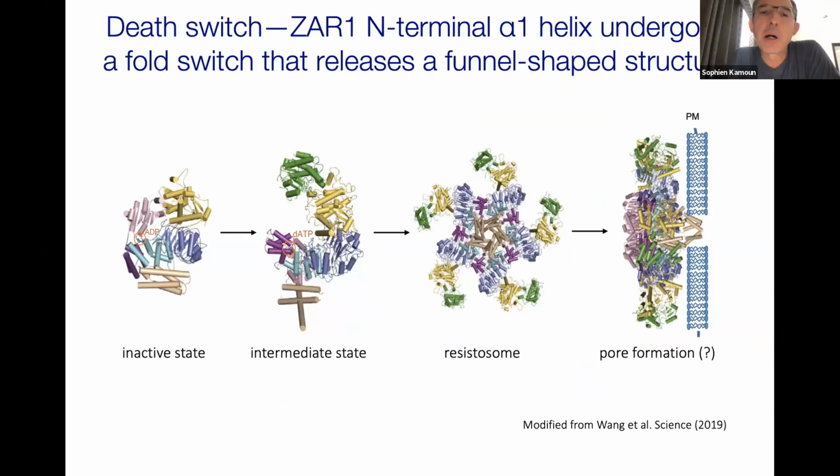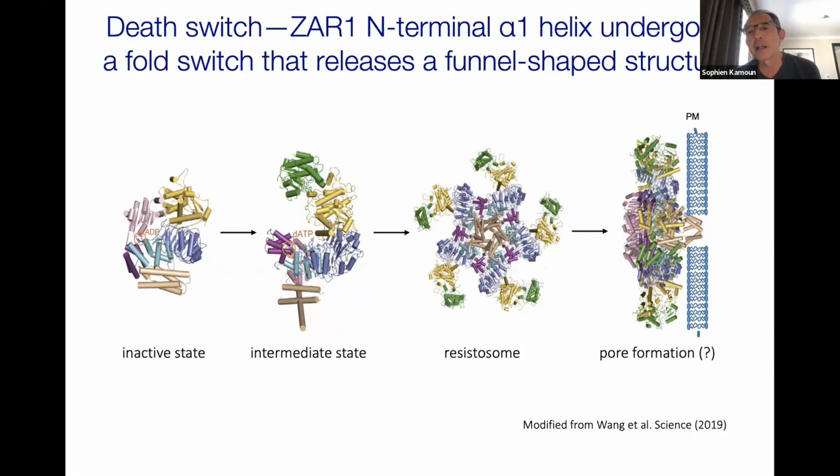ZAR1 is relevant to our talk today because the way ZAR1 gets activated is through flipping out this N-terminal alpha helix, which is normally, in the inactive state, buried within the CC domain, a multi-helical domain. When ZAR1 gets activated, the alpha helix flips out and forms this structure that you can see on the right side, which ends up being a pentamer of alpha helices.